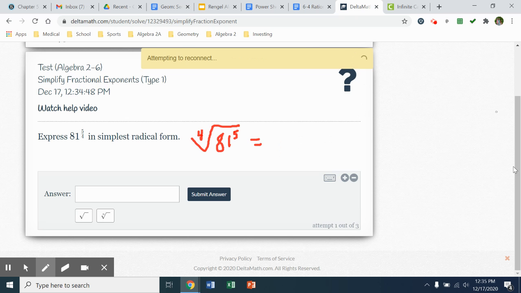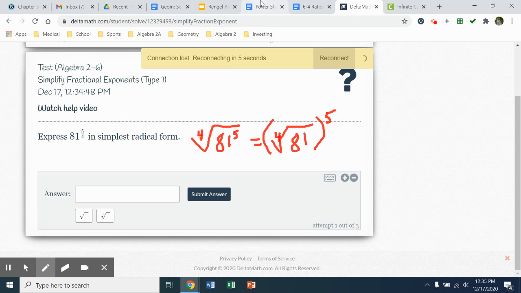You guys still able to see mine? Good. I think my Delta Math's having some issues. So this might be our last one. We'll see here. So we got the 4th root of 81 to the 5th. I'm going to rewrite this as the 4th root of 81 because I know that I can find the 4th root of 81. And then I'm going to raise this to the 5th power right there.